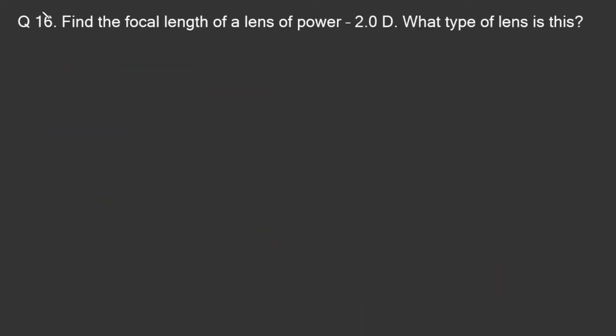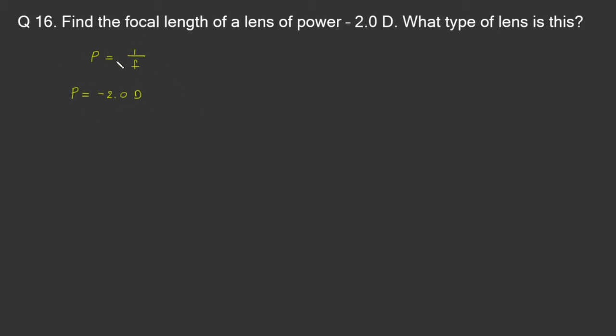First question is question number 16 from the exercise. Find the focal length of a lens of power minus 2 diopter. What type of lens is this? It is a very simple question. We know the equation for power of a lens P is equal to 1 by F. Here it is given power of a lens is minus 2 diopter.